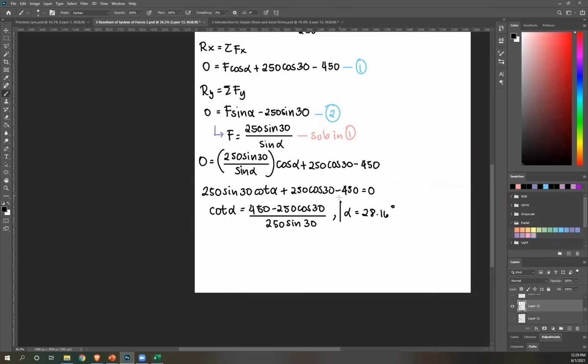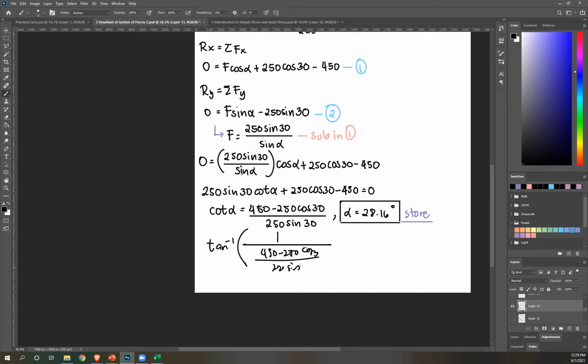To solve this in your calculator, first of all, let's store that. You're going to press shift tangent, tangent inverse. Since this is cotangent, it's 1 over 450 minus 250 cosine 30, over 250 sine 30.